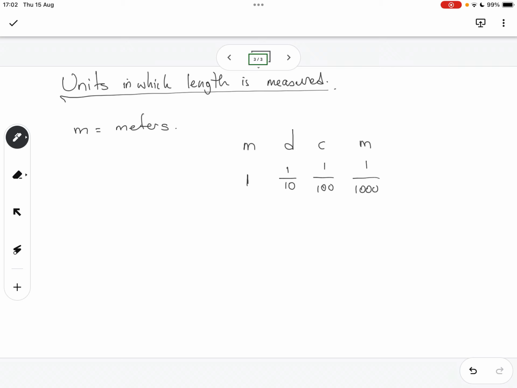And then you have hectometer, I believe. Hectometer would be 100 times this, so it'd be 100 times the meter, and then kilometer would be 1,000 times the meter.